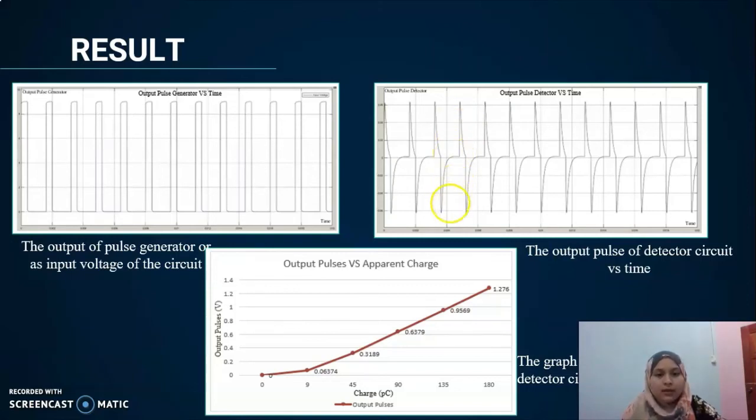This graph shows the output pulse from the detector circuit against apparent charge. It can be said that the output pulse from the detector circuit increases when the apparent charge increases. The apparent charge can be determined by applying the parameters to the output of the pulse generator.